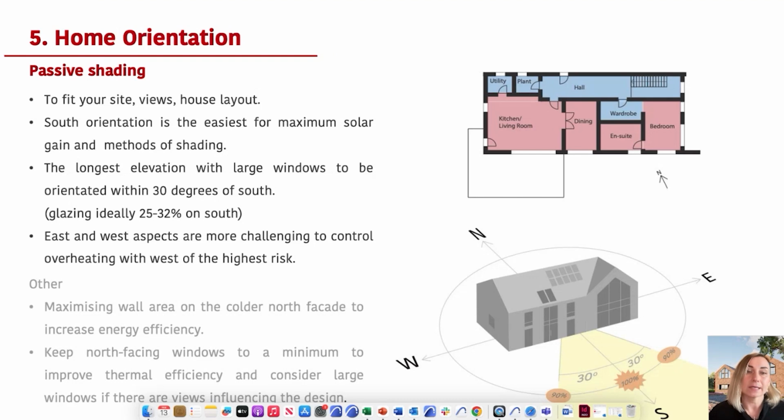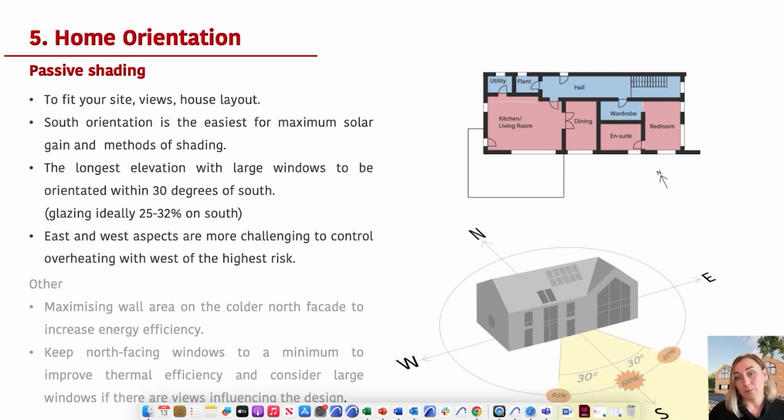So the south orientation is, as we said before, one of the principles of the fabric first approach. It is the easiest side for maximum solar gain and the methods of shading. And why am I talking about shading? If you have a south-oriented building and you are designing a contemporary house, potentially with a window area over 25 to 30% on the south wall, your home will overheat.